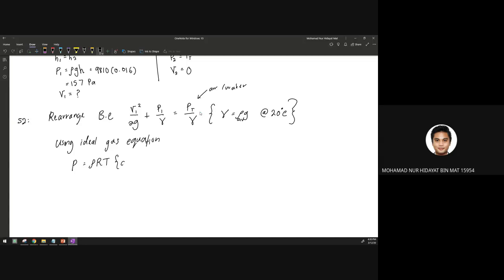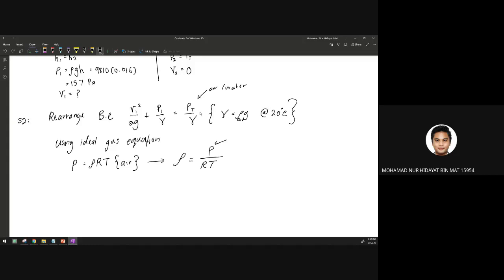In order to get the density, rho is equal to P, this is absolute pressure, divided by R times T. This is absolute temperature. When it is absolute, that means we have to add 273 Kelvin.